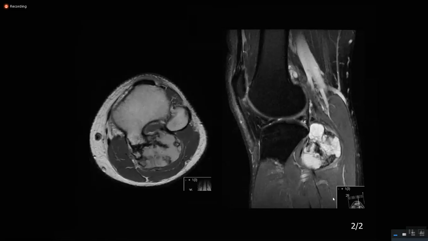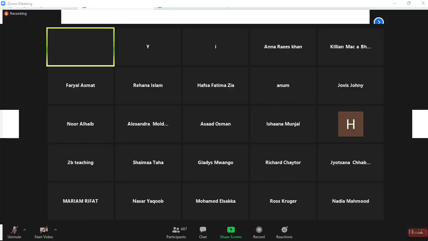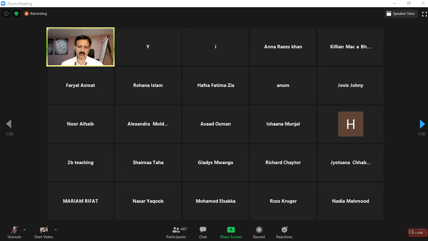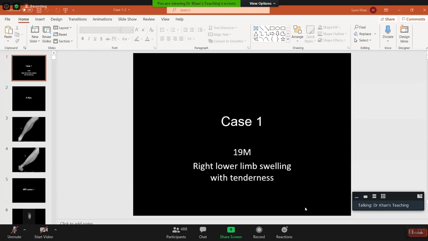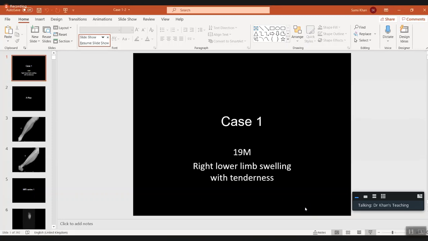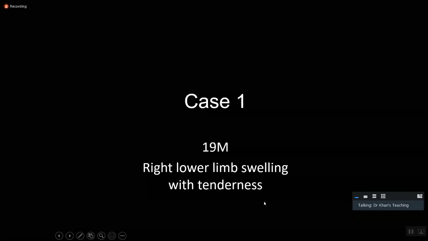Okay, let me now try to show you a case in a sort of a scrolling format. Let's see if it works. Candidate 1, can you see case 1 written in front of your eyes?